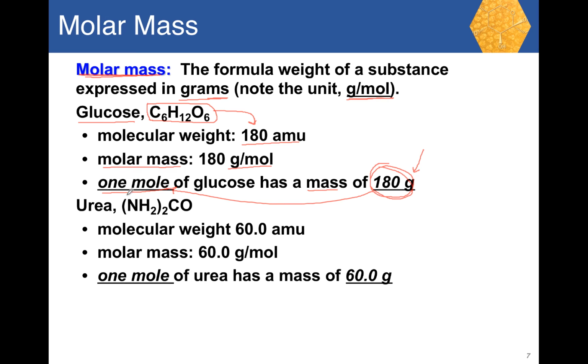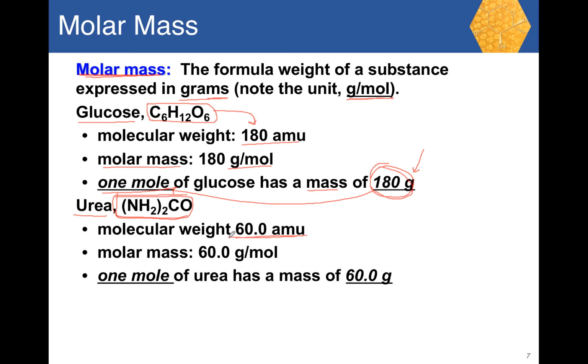Here's another example before we move on. Urea. This is the molecular formula. So now you can see the importance of molecular formulas, which is the fixed ratio of the atoms in a molecule. From the formula, and using your periodic table, you can determine the molecular weight.